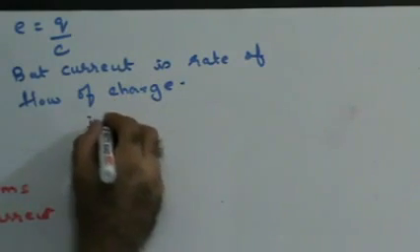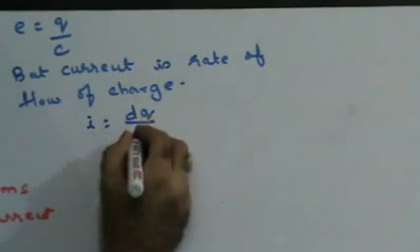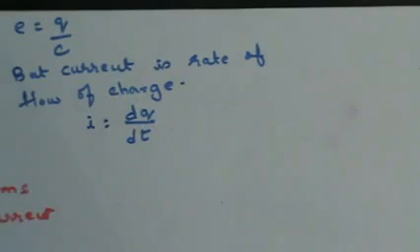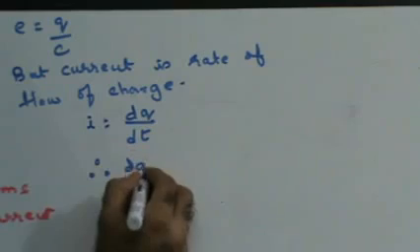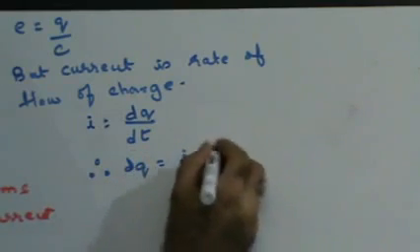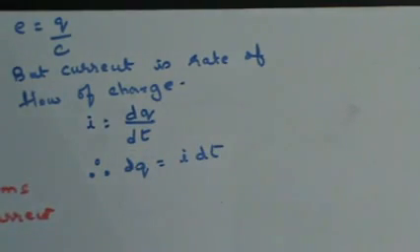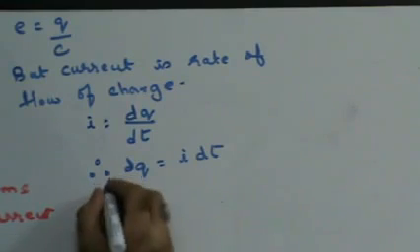That means I is dq by dt. Therefore dq is equal to I dt. Now integrate both sides.